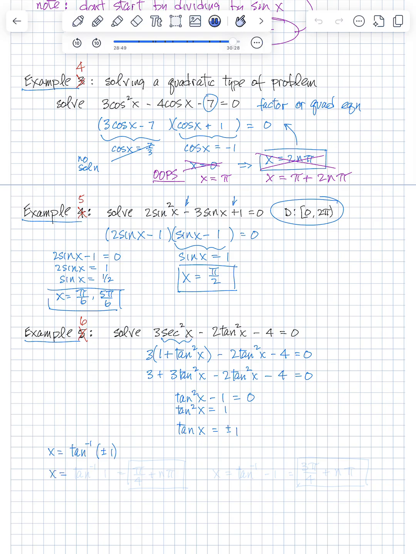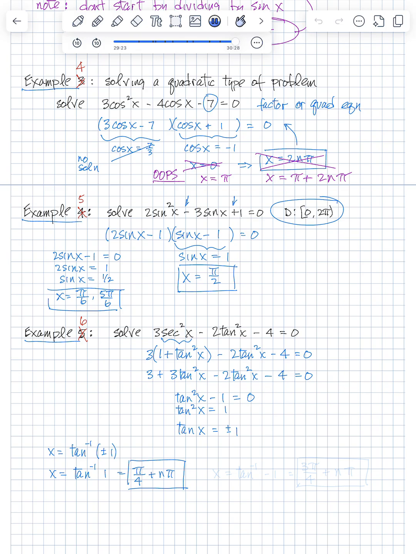So x equals the arctangent of 1, and that's going to give us pi over 4. Now, remember that the period of tangent is pi and not 2 pi, so all of our answers are going to be pi over 4 plus n pi, because it's a tangent. That's the first answer: pi over 4 plus n pi.